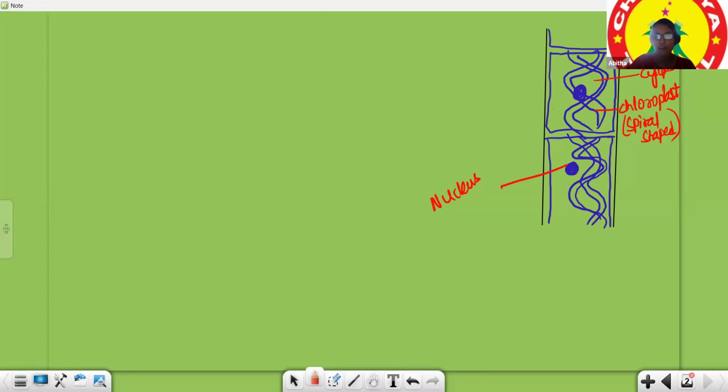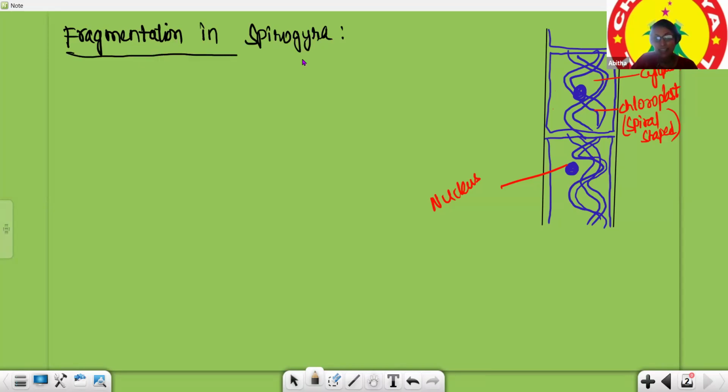Now let's see how fragmentation happens in Spirogyra, how it happens and when it happens.